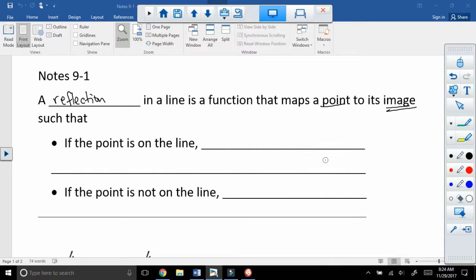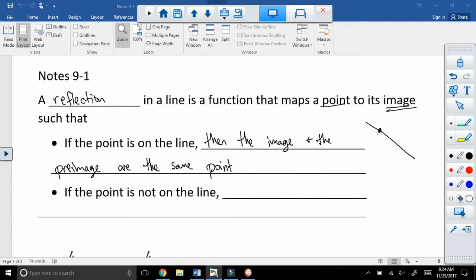So if a point is on the line, then the image and the pre-image are the same point. That being said, if you have this line and you're reflecting this point in that line, that point is not going to move.